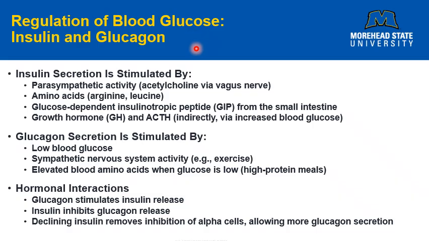So, insulin secretion is stimulated by some other things. All right, so parasympathetic activity, amino acids, glucose-dependent insulinotropic peptide from the small intestine, and growth hormone and ACTH, which act indirectly via blood glucose. So it's not just stimulation by a complete drop in blood glucose.